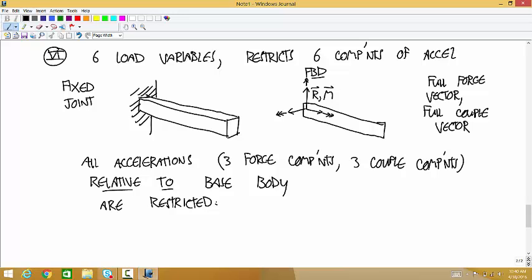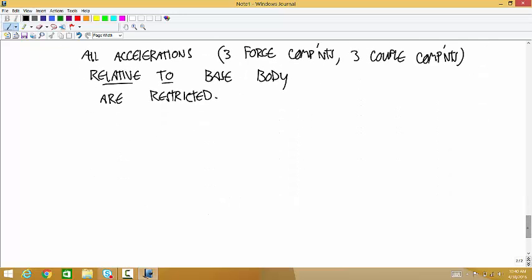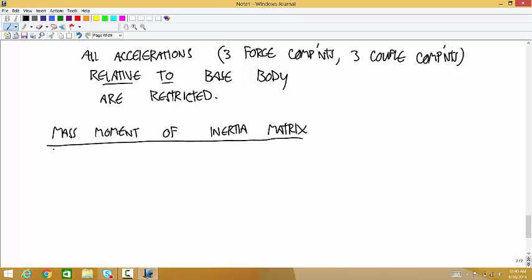The next thing we have to talk about is how to deal with the mass moment of inertia in 3D. So the mass moment of inertia matrix. Well, in lists of mass moment of inertia for different bodies, they're always given like this.